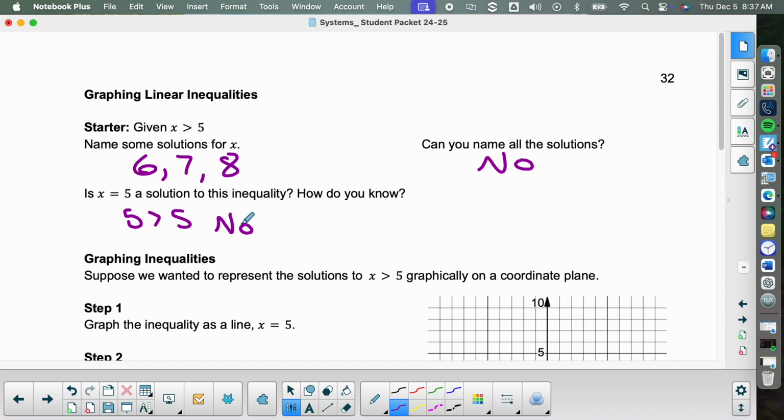So for the whole first portion of this packet, we've been graphing straight lines. Whenever we did a graph, we graphed straight lines. Well, now we're going to run into things like this, where there's going to be a lot of possible answers, and we have to figure out a way to show those answers.